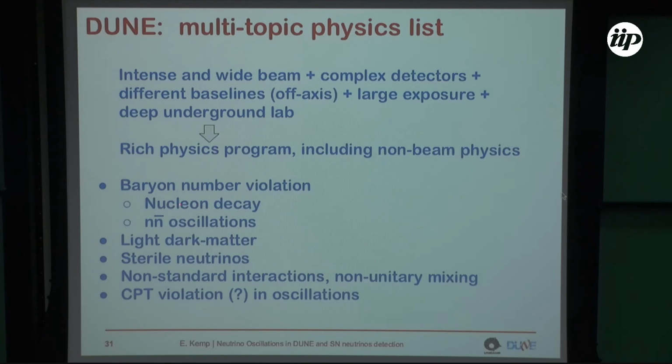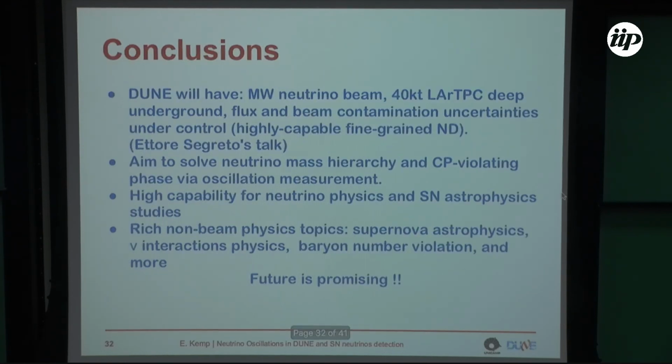So there is the possibility to study baryon number violation, which is related to the GUT, the grand unification theories of the physical interactions, the possibility to detect light dark matter, sterile neutrinos, non-standard interactions via non-unitarity of the mixing matrix, and also, who knows, to measure what MINOS was not able to do, CPT violation in neutrino oscillation.